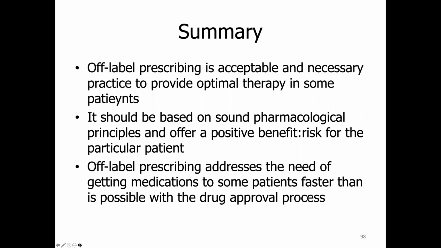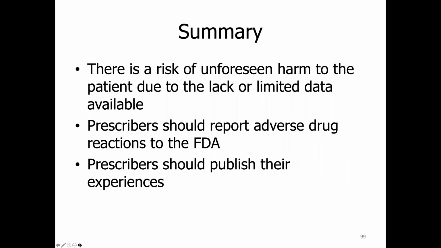The biggest thing I can tell you on any patients is when you prescribe, it needs to be a positive benefit to risk, okay? This gets us the ability to get medications to patients faster. And if you can publish it as a case study, that's always helpful too. I know that's sometimes difficult, but that's something we try to encourage.